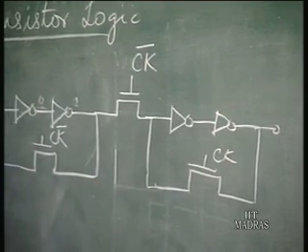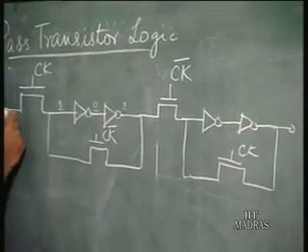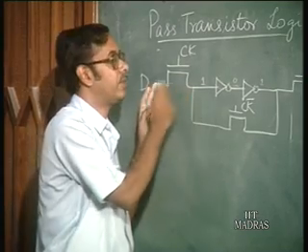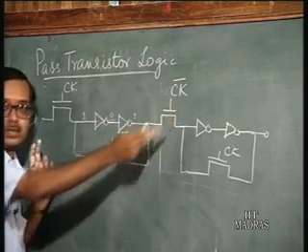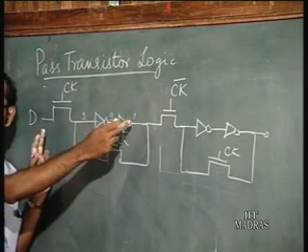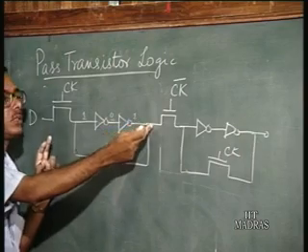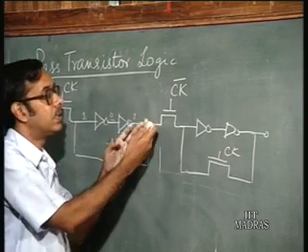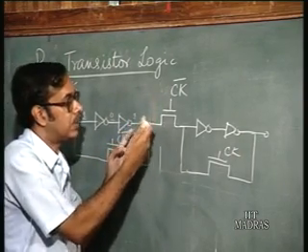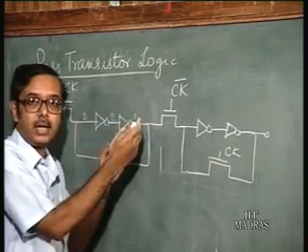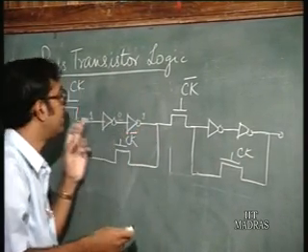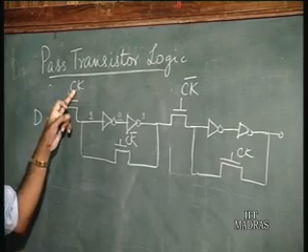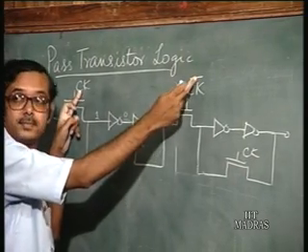When the clock is high, whatever is the D input can go up to here, but it cannot pass through. So this is retained here. Now, when the clock goes from high to low, this turns off and this turns on.